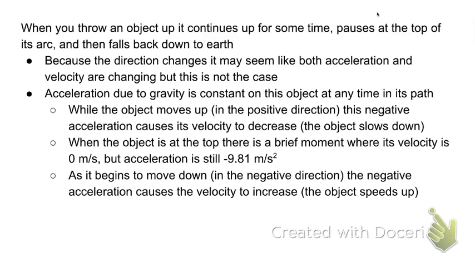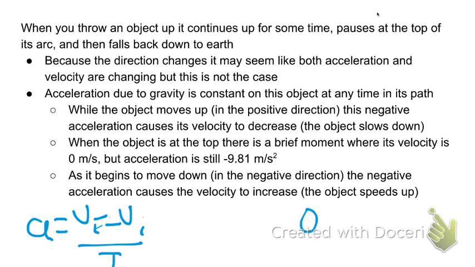We are now moving downward, which means we're moving in the negative direction. So if we take that same equation we used before, acceleration is equal to velocity final minus velocity initial divided by time, let's say our velocity initial is 0 for the top of this arc.